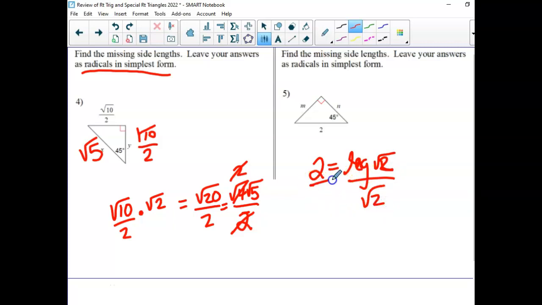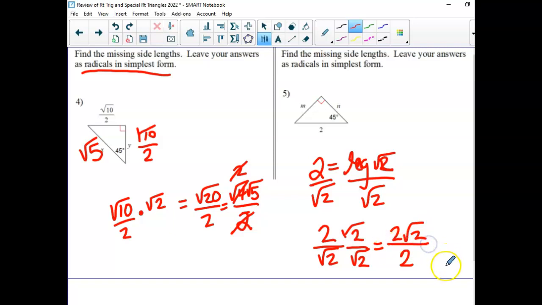Yeah, we're going to have to divide by the square root of 2. Now, unfortunately, can we have this in the denominator? So we have to multiply top and bottom by a square root of 2. What is the square root of 2 times the square root of 2? It's just plain 2. So then what happens? Yes, we get a square root of 2 equals our leg, and it's each a square root of 2 then.